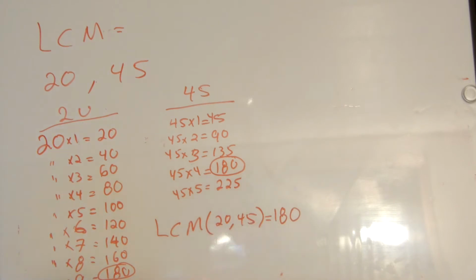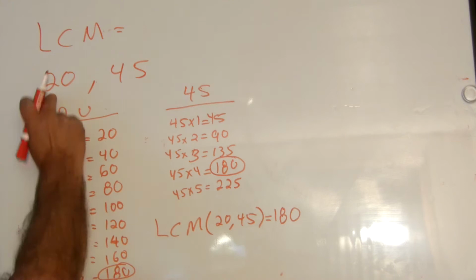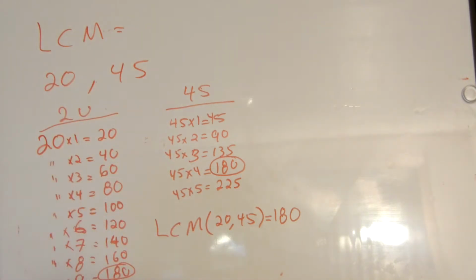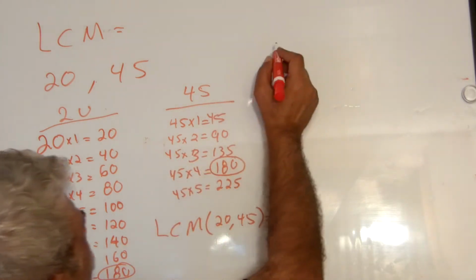It means this is the least multiple that we can divide by 20 and we can divide by 45.